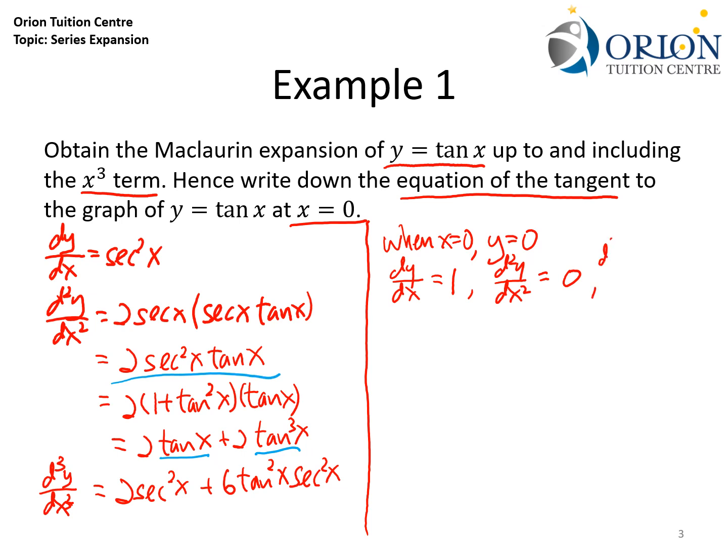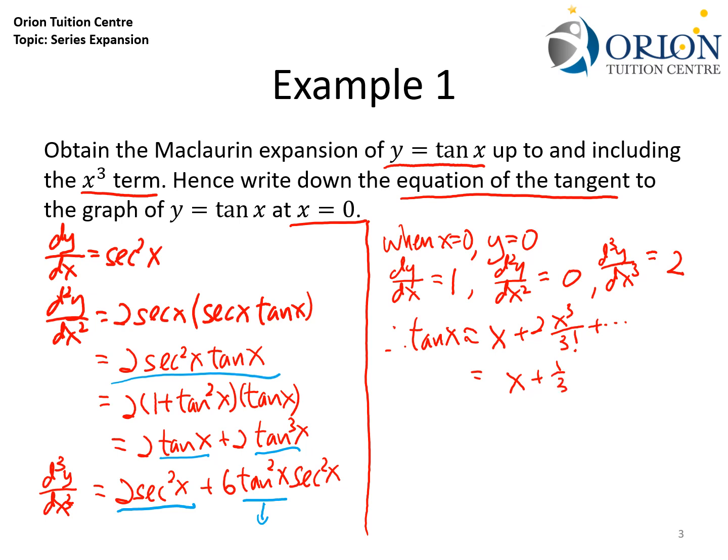Lastly, d³y/dx³ will be equal to 2, which comes from 2 secant squared 0. Tangent squared 0 gives us 0, so therefore this term goes away and we are thus left with a 2. And with this, we can say that tangent x is approximately x plus 2x cubed over 3 factorial and so on, which is x plus 1/3 x cubed.